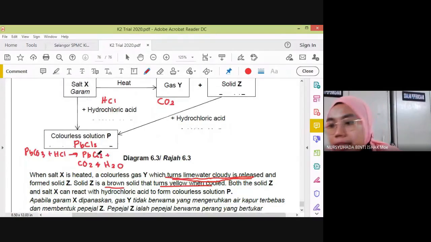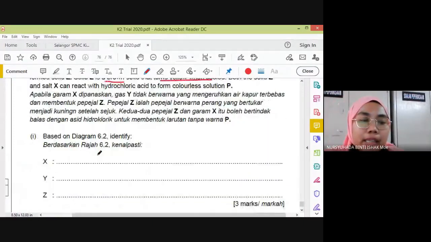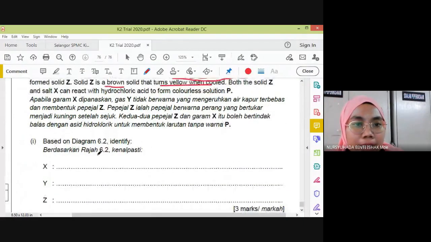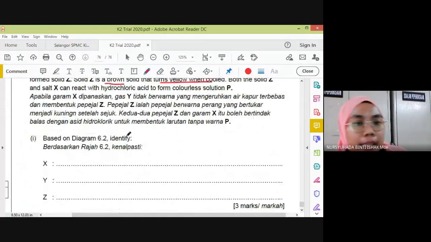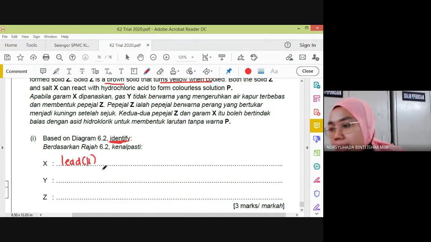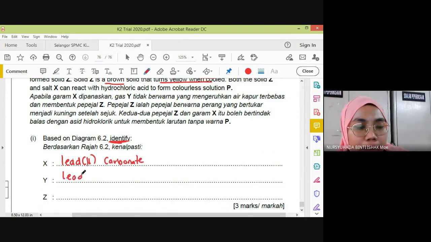Okay, soalan tanya what is X? So X adalah apa tadi? Dah bincang, X adalah lead(II) carbonate. Kalau dia kata identify, dia tak minta nama, boleh lagi tulis formula. Kalau nak tulis nama, pastikan lead ni mesti ada dia punya oxidation number. Lead(II) carbonate. Ingat, lead mesti wajib tulis dia punya oxidation number.